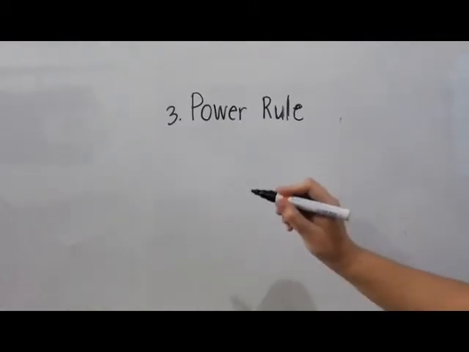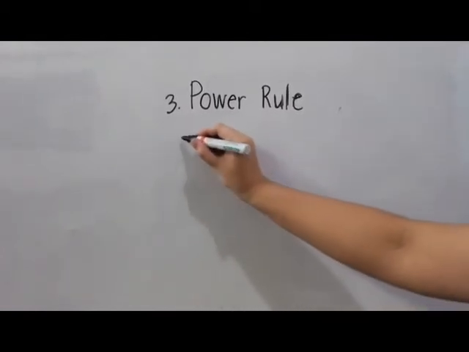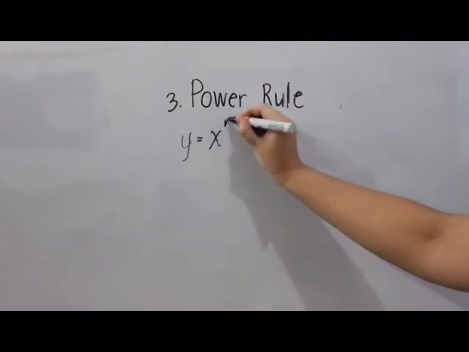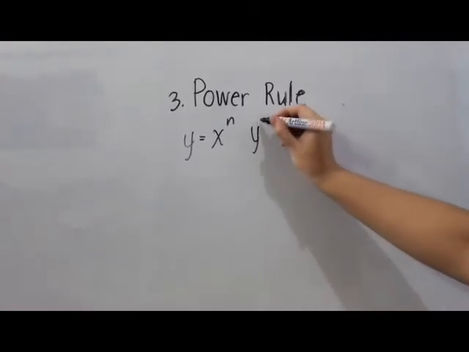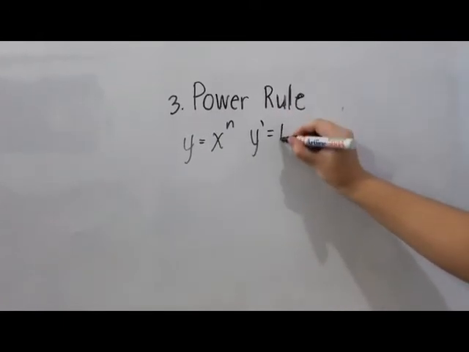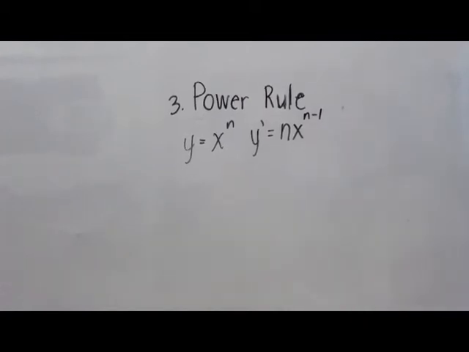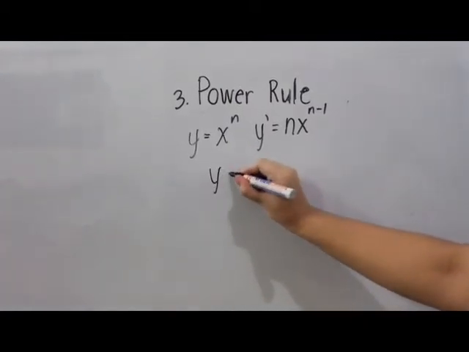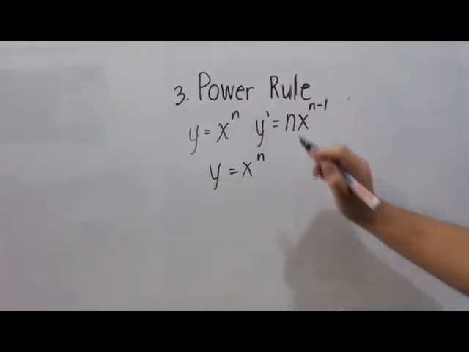So for the third rule, we have the power rule. It is given that y is equal to x raised to n, then y prime is equal to n x raised to n minus 1. Here, if you were given a problem that is y equals x raised to n, you would apply the power rule.